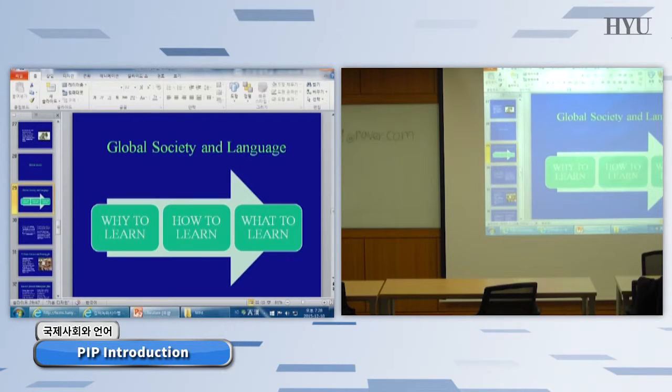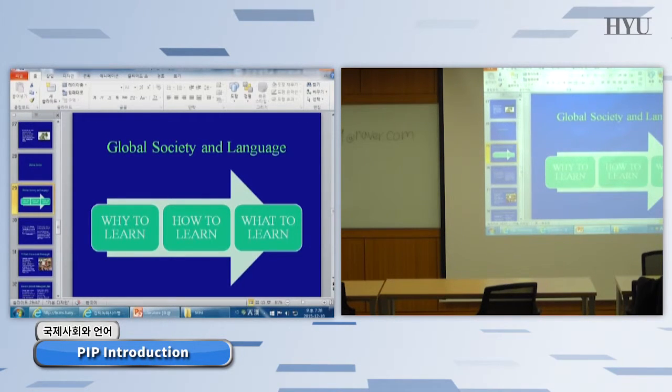Actually, our textbook author, David Crystal, has a major point: why English is global? Because of the power of the British Empire and because of the economic dominance of the Americans. That is one of the major points that our textbook author has stressed.